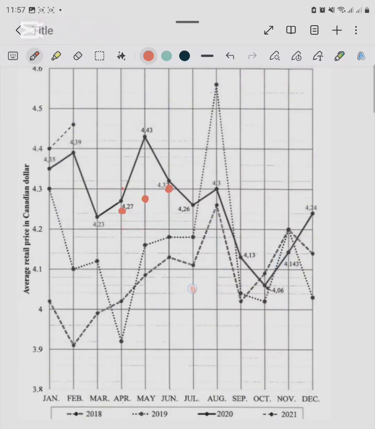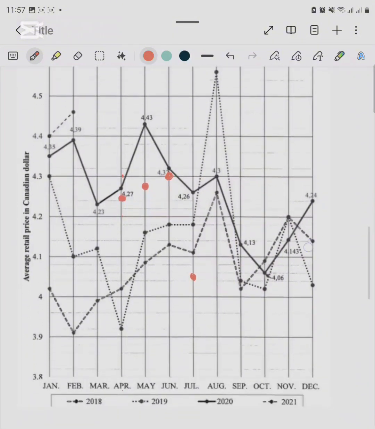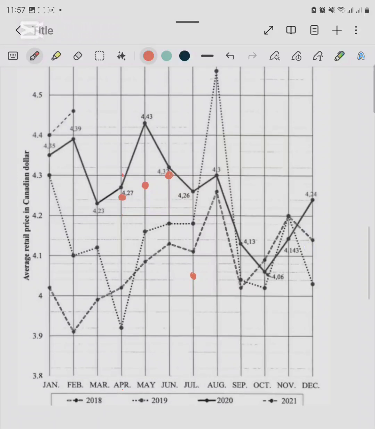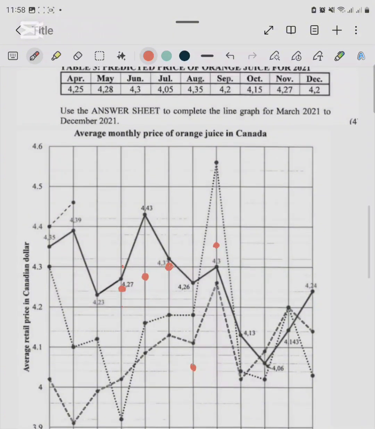The 05 is, and where you've got 5 in the third decimal place are easy because we know it's halfway in between. August 4,35, 4,35 is going to be there, and so on and so forth.